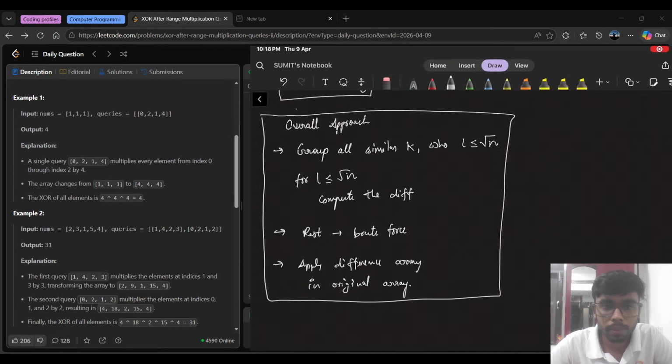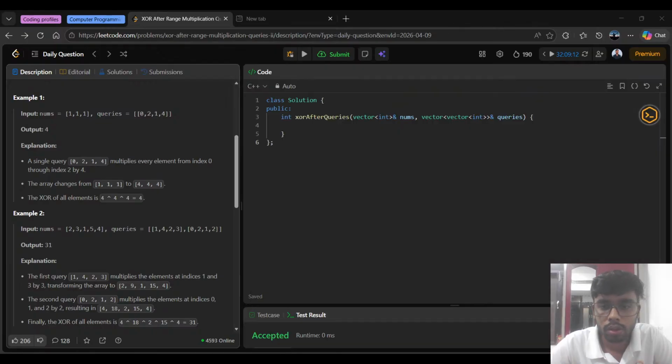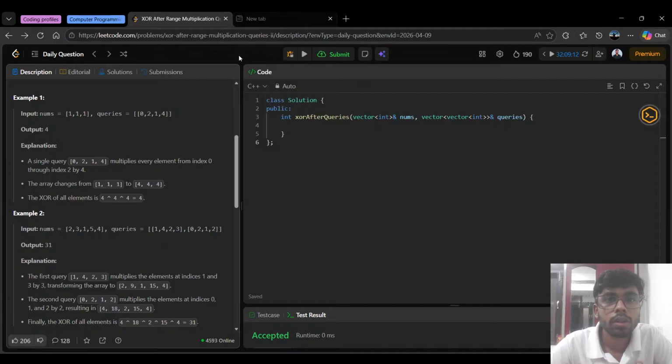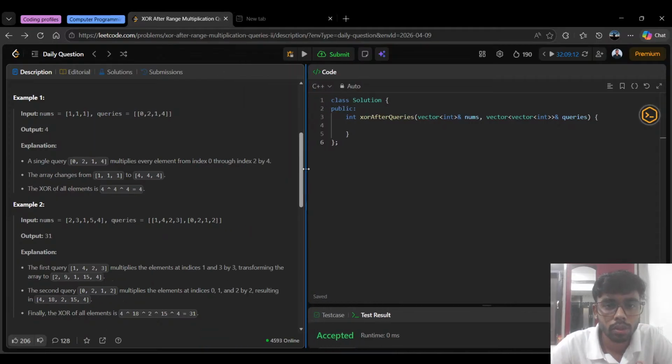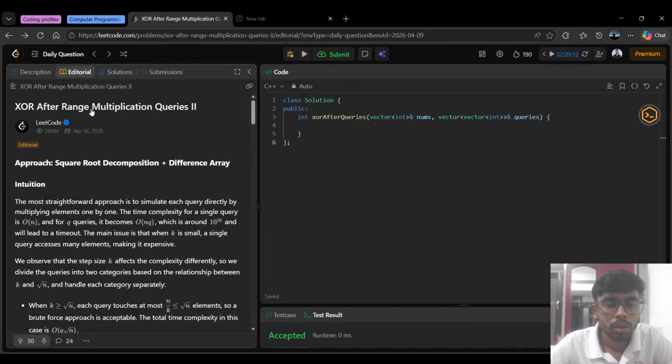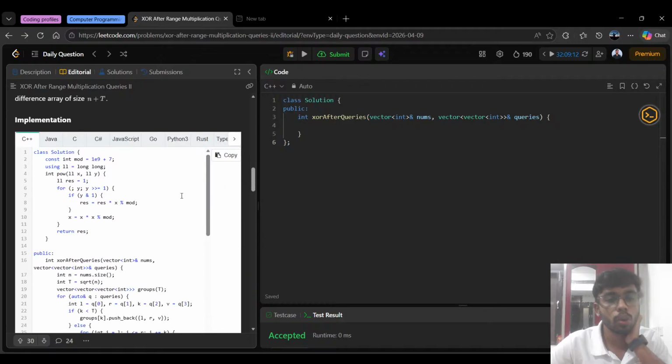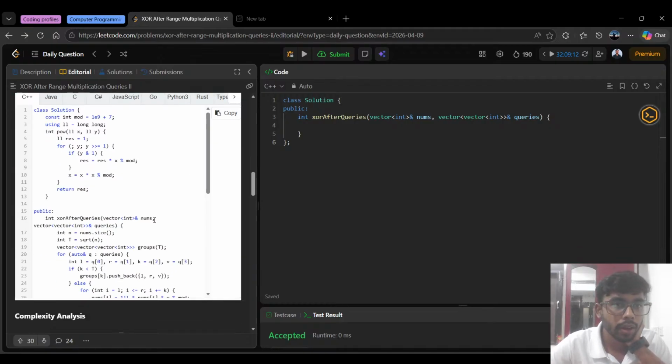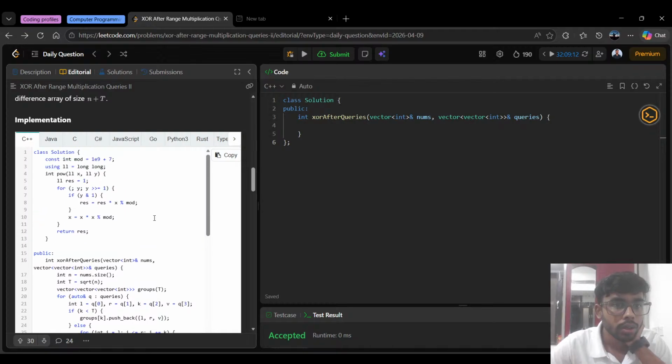I need to go through the code as well because it's quite complicated. Let me see what they are doing.